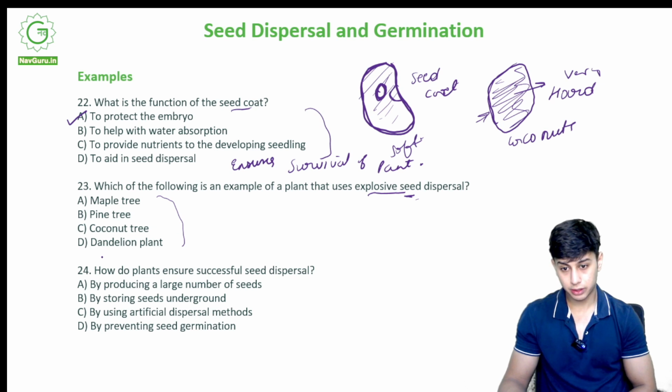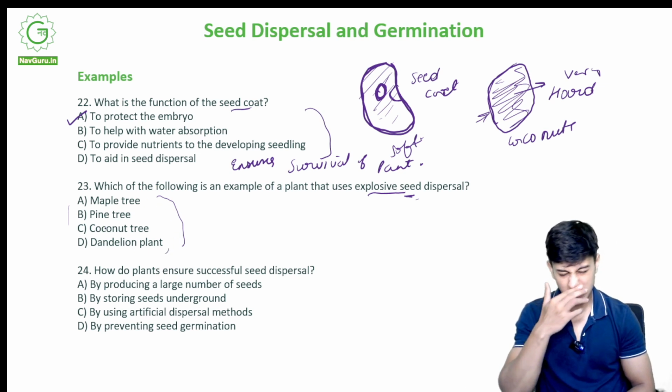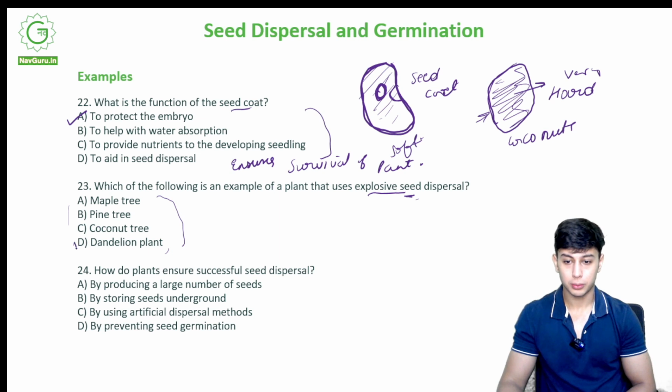The correct option is option D. Alright. The dandelion plant. It is by wind. Alright.